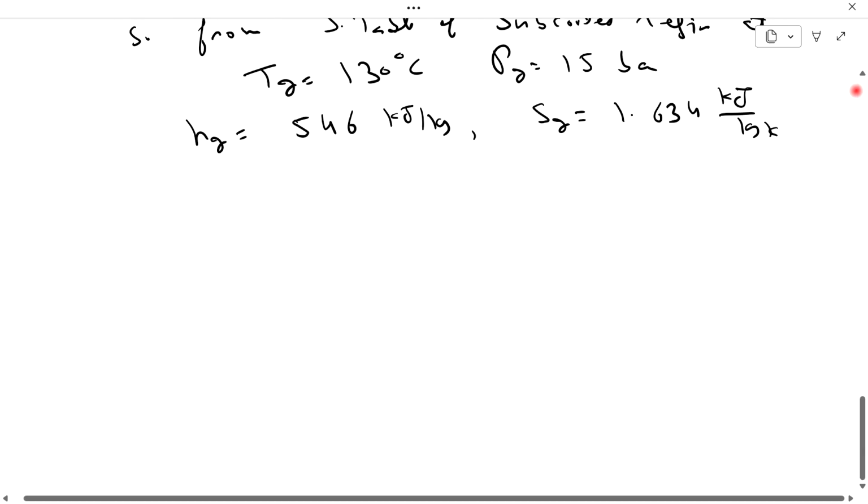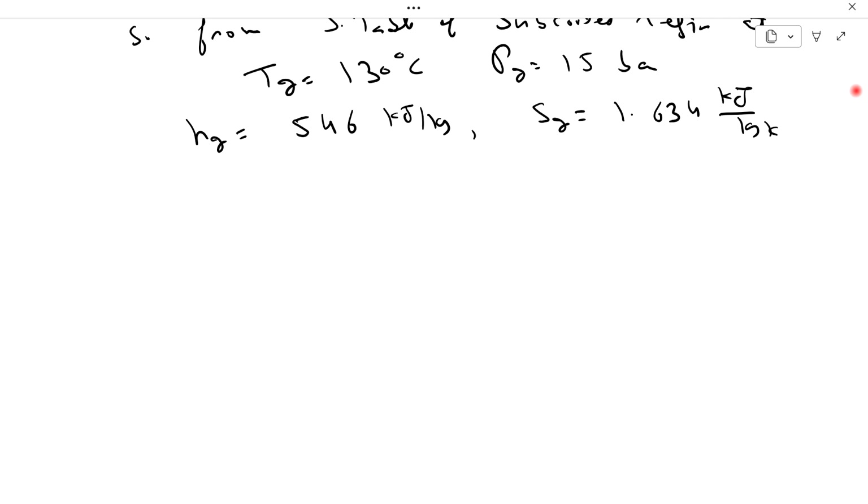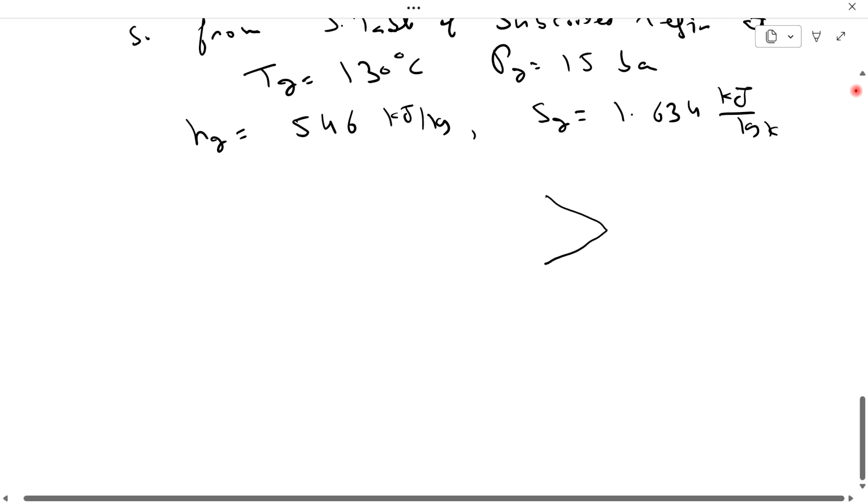Now we can find Ms, the mass of the steam entering the heater, from the energy balance equation. Again I draw this diagram.